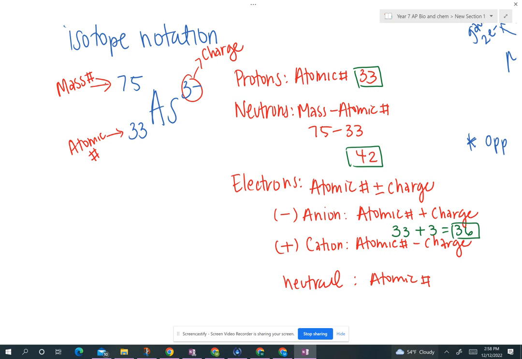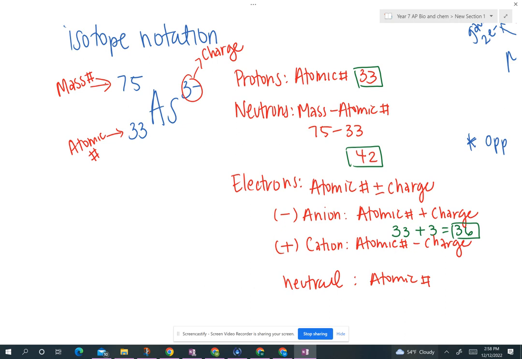So if I had this ion, and if I were to draw this great big Bohr model, I could express that -3 charge by making sure that I have 36 electrons. So that would mean that on the outside, my arsenic would have 36 electrons.